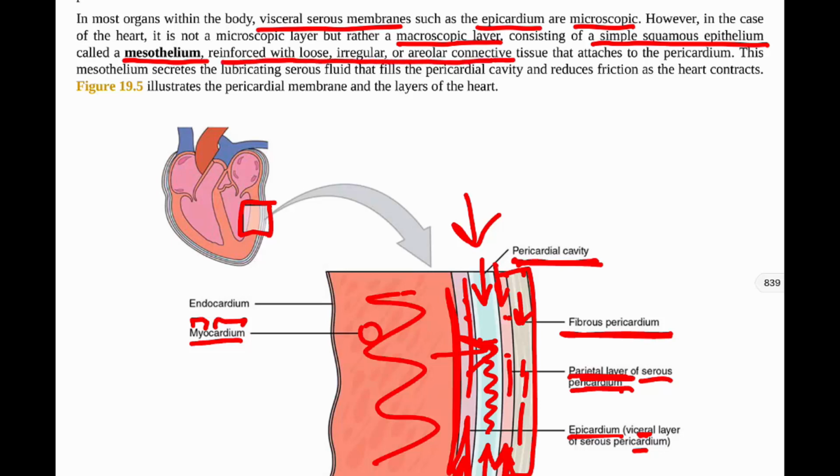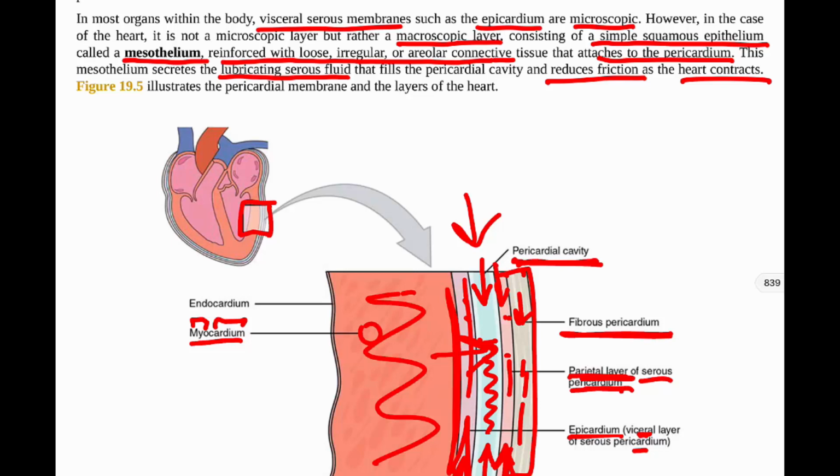Okay, so this mesothelium is what is going to be secreting the lubricating serous fluid that fills the pericardial cavity. This reduces friction as the heart contracts. As I was mentioning, with the heart moving and contracting all the time, we don't want it to be rubbing against any other tissues. So we have this little area that is going to reduce that friction.